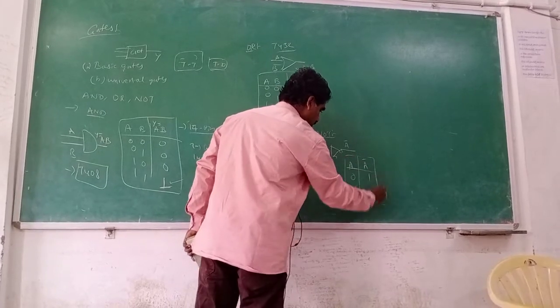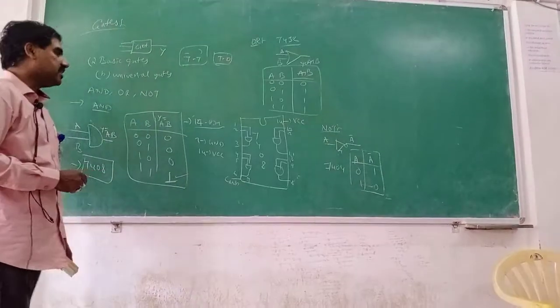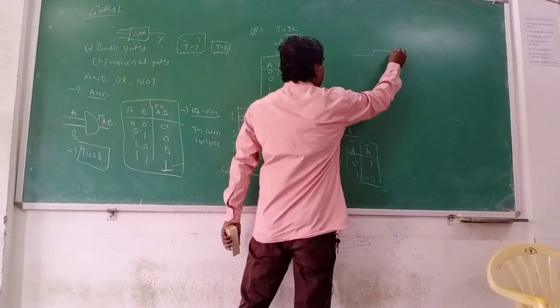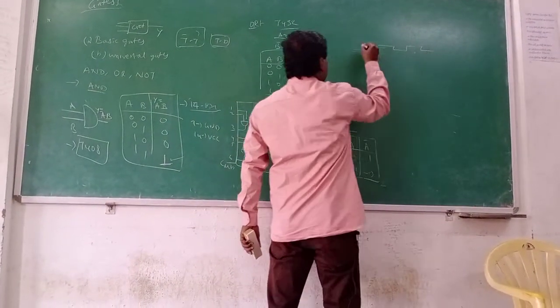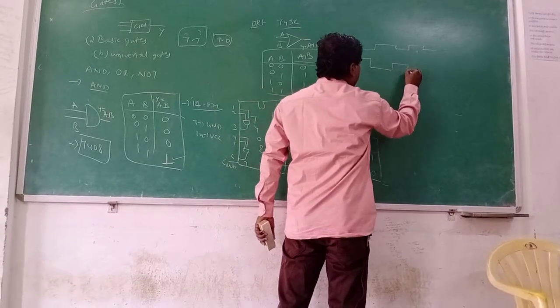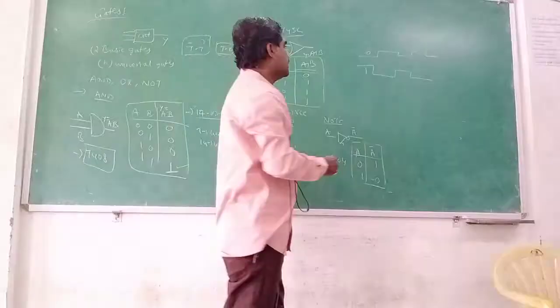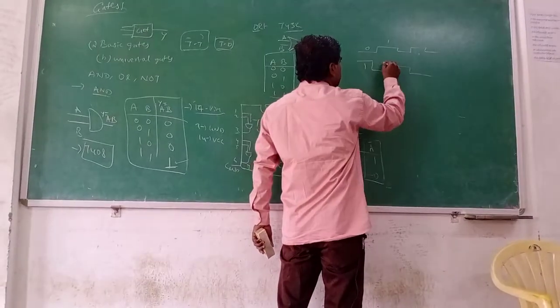For these basic logic gates, we have timing diagrams. We can draw A as you like, we can draw B as you like, by simply giving the notations 0 1 1 0 0 1 1 0 0 combinations.